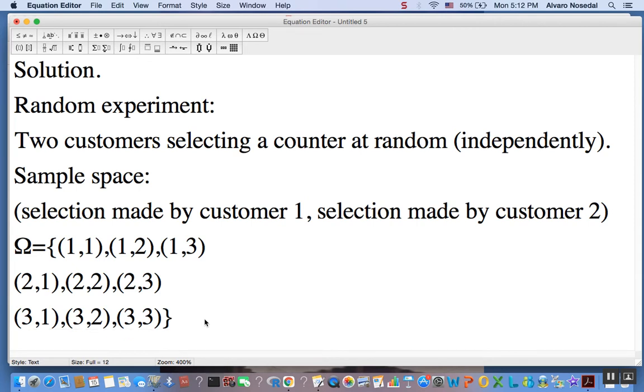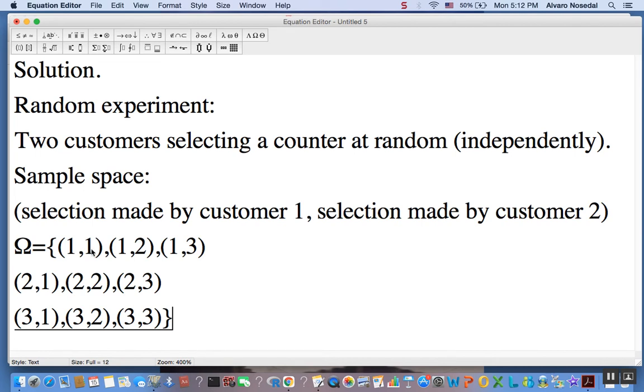Now, we are also told that these customers made that decision randomly and independently. So for instance, the probability of selecting counter number 1 is 1/3. You have 3 counters.